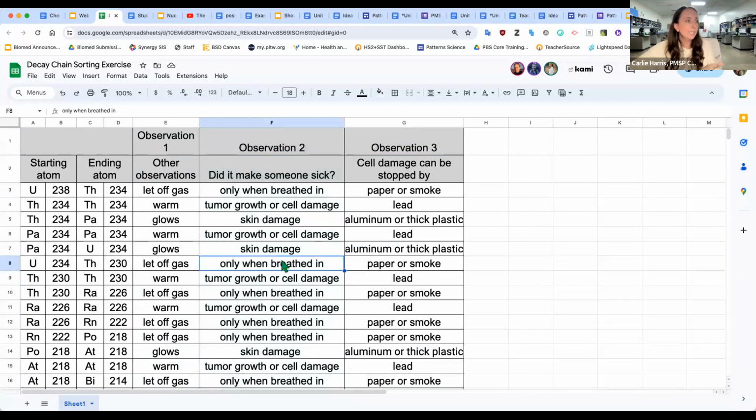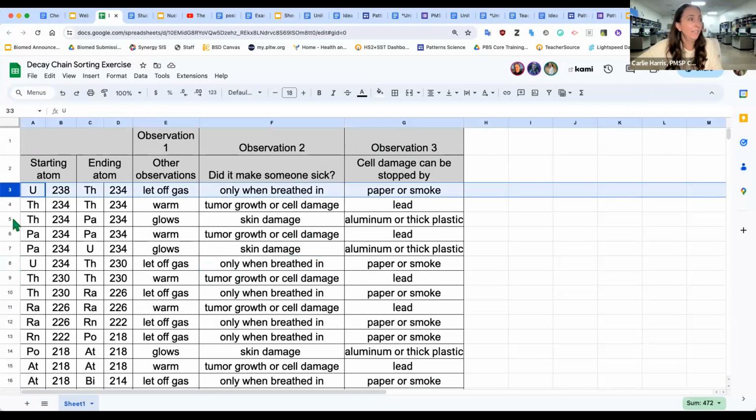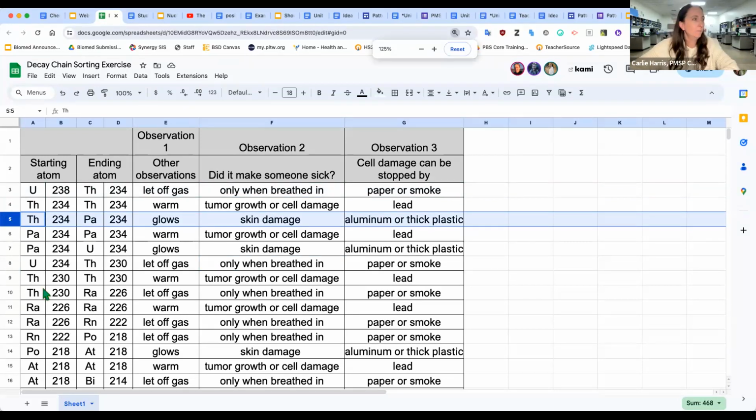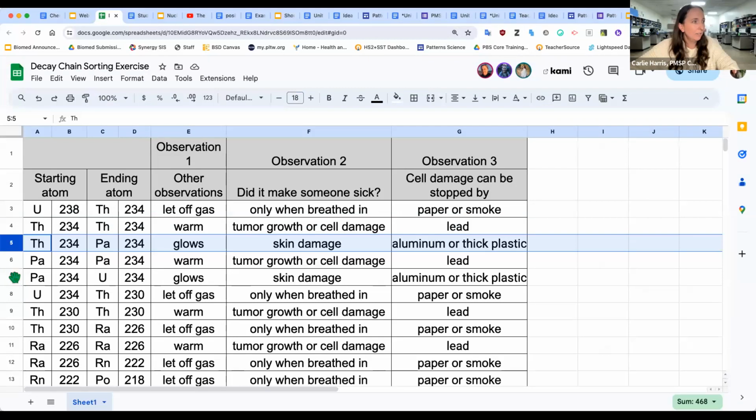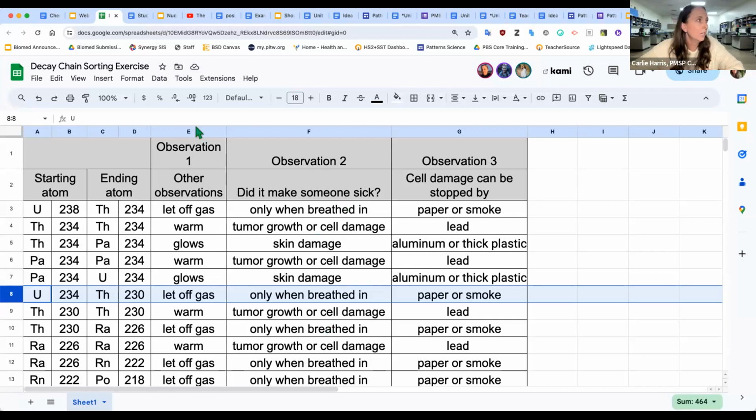And what we're asking students to do is to sort through these individual reactions, right? Like I'm highlighting individual reactions right now. There we go. We can see a little bit better, right? So we have individual reactions sorted into some similar observations.